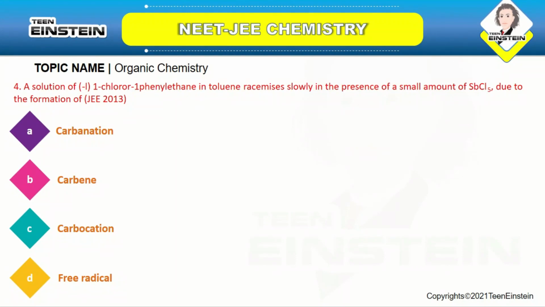The structure of 1-chloro-1-phenyl ethane is Cl-CH-CH3 with the phenyl group, which is in levo form, and it reacts with a small amount of antimony pentachloride in the presence of toluene.